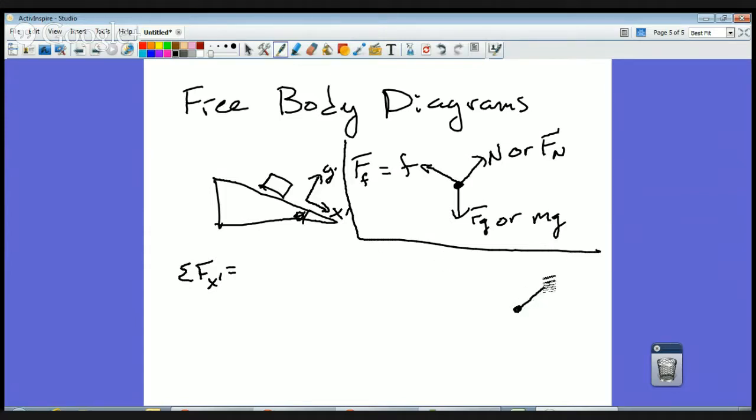So I've got normal force, I've got friction, I know that I've got my axes like this, right? And I know that I've got part of gravity going this way, and that's mg sine theta, and part of gravity that goes this way, and that's mg cosine theta.